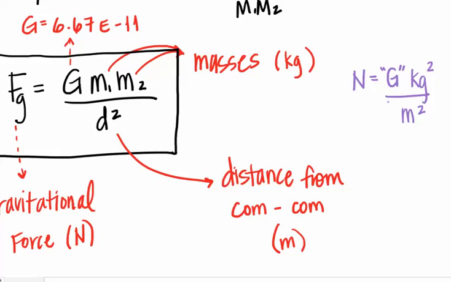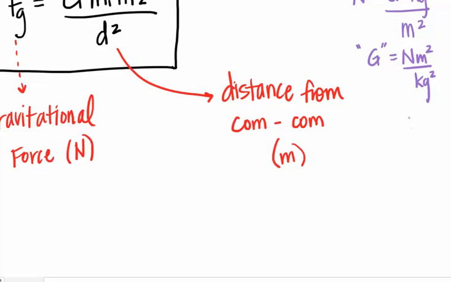So if you solve for G, what would it be? Now, could you substitute in for the newtons? Yeah? So if you did that, remember newtons were kilogram meters per second squared because it was mass times acceleration.